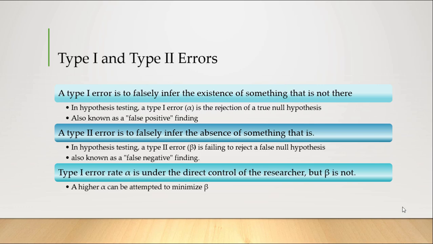For instance, a type 1 error is made when a researcher concluded, based on the sample data, that there was a significant difference between the math scores of middle school girls and boys, when in fact there is no gender difference in the math achievement level in the population of middle school students. We usually set the probability of making a type 1 error at an alpha level of 0.05.